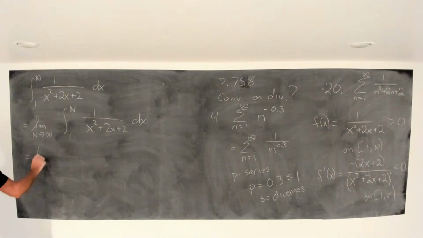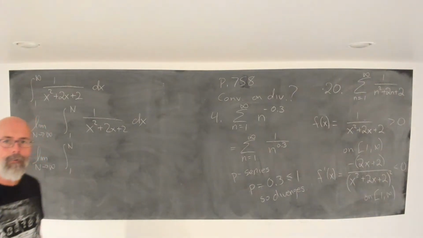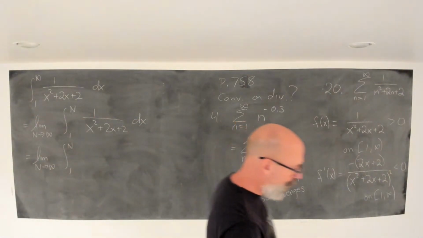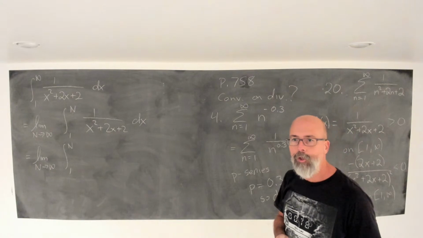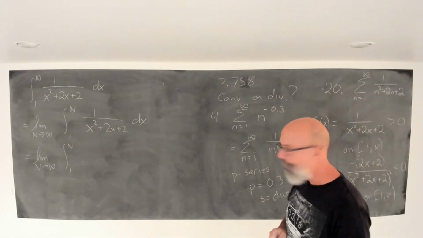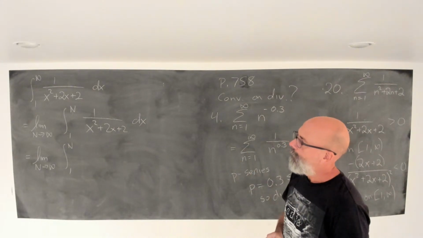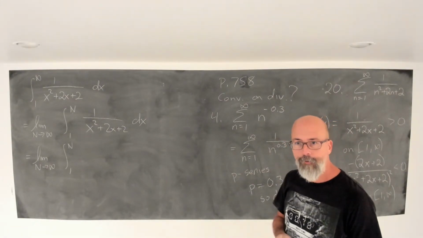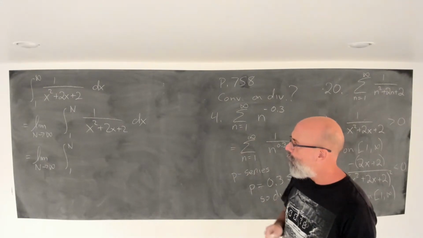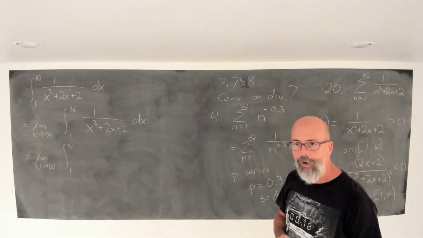Instead, what are you going to do? How do we integrate? You know how to integrate. Partial fraction expansion? I'm suggesting that it already is in partial fraction form. The denominator is an irreducible polynomial of degree 2. There's nothing else you can do here.